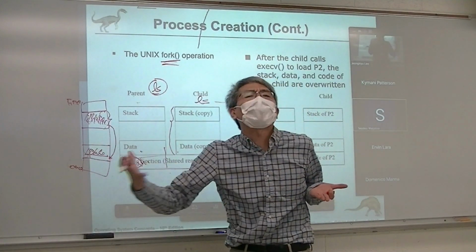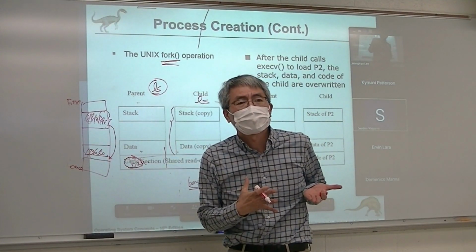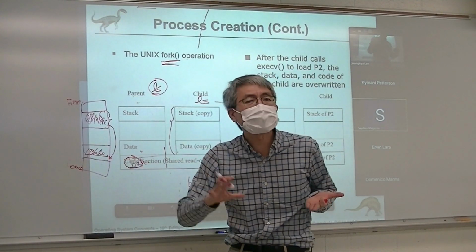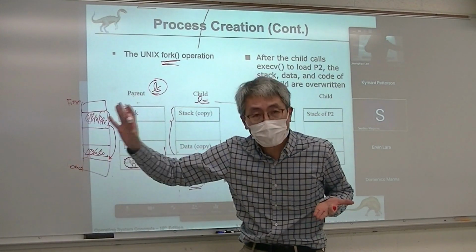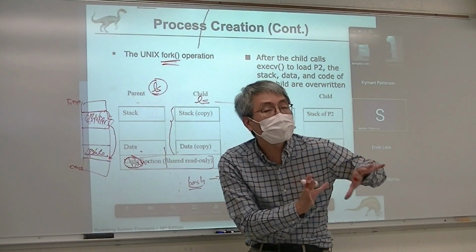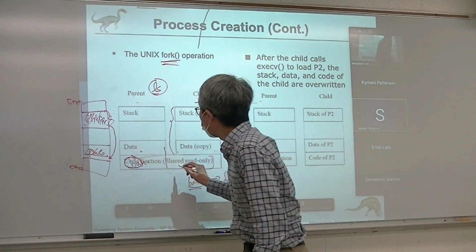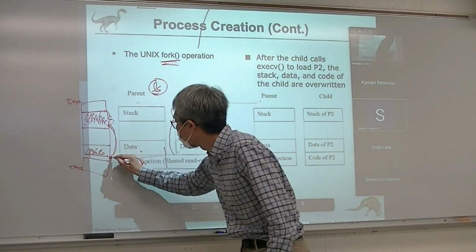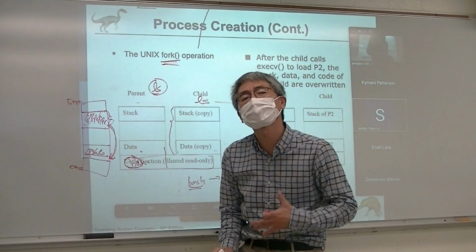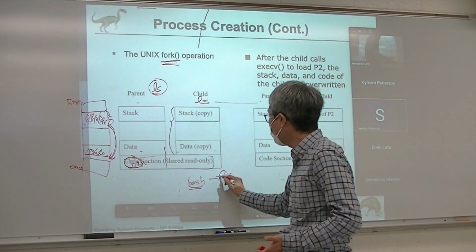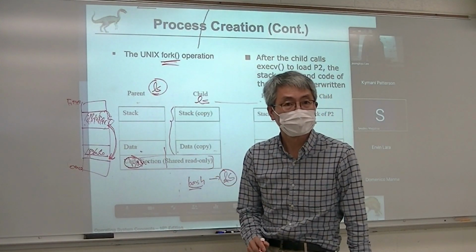It's just a copy of the parent, exactly the same, identical. It's not independent yet. However, you found the memory resource, so you are ready. What about the code part, the text part? It points to the parent. You don't have to copy because eventually you are going to load the ls program.